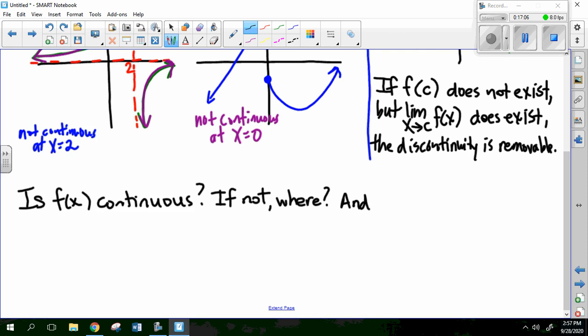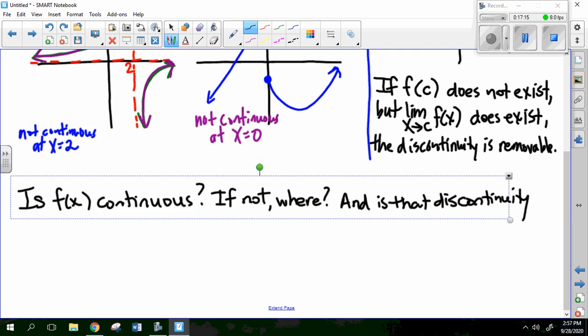And is that discontinuity, if it's not continuous, is that discontinuity removable or not? If so, fix it. All right, so we've got a lot of stuff going on here.